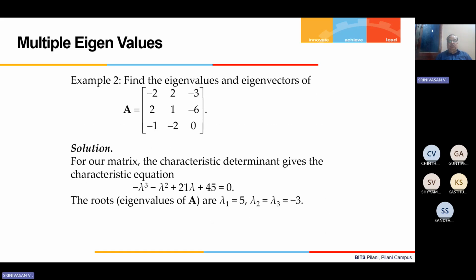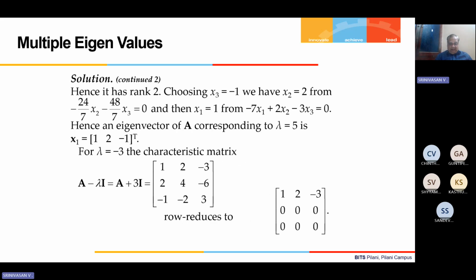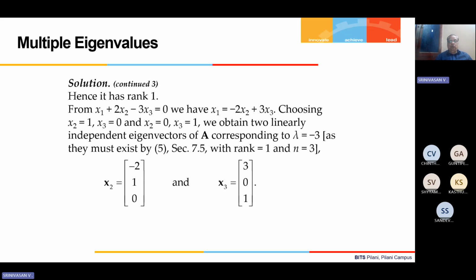In this problem, if you go to example 2, which is referred to later, the eigenvalues are 5, -3, -3. The eigenvalue gets repeated twice. So what is the algebraic multiplicity of lambda? 2, since it is repeated two times. Now, for the same lambda value -3, you have two corresponding eigenvectors.